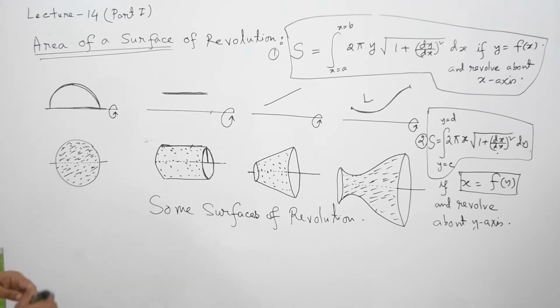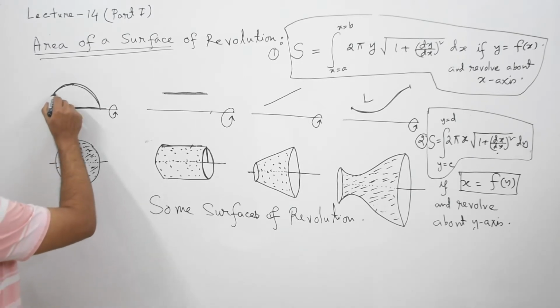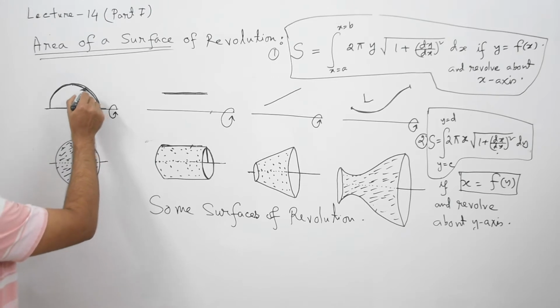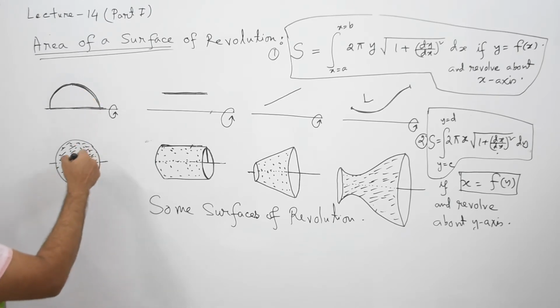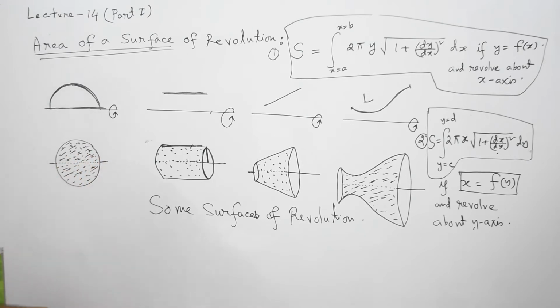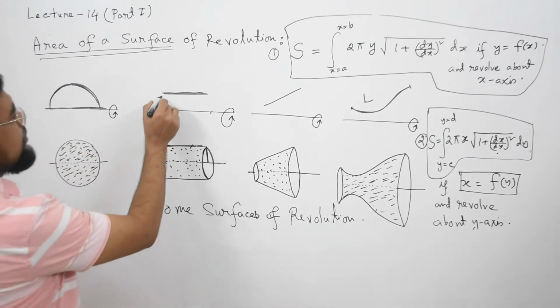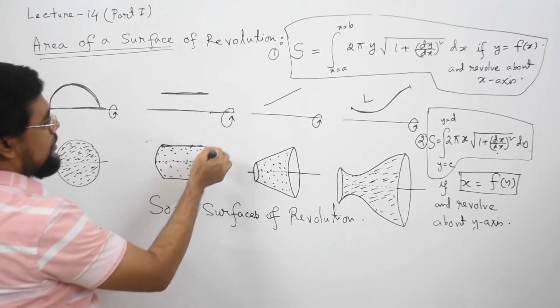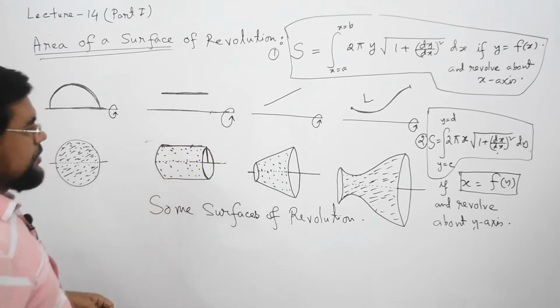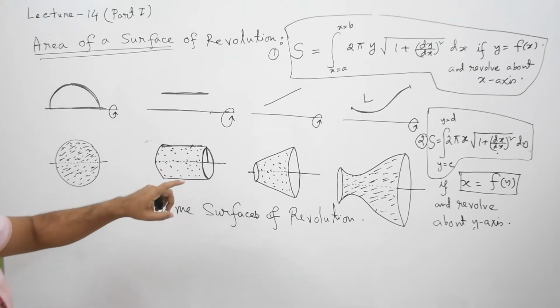If you revolve this semicircular curve about this line, you will get a sphere with empty interior. If you revolve this straight line about this line, you will get a cylinder with empty interior.